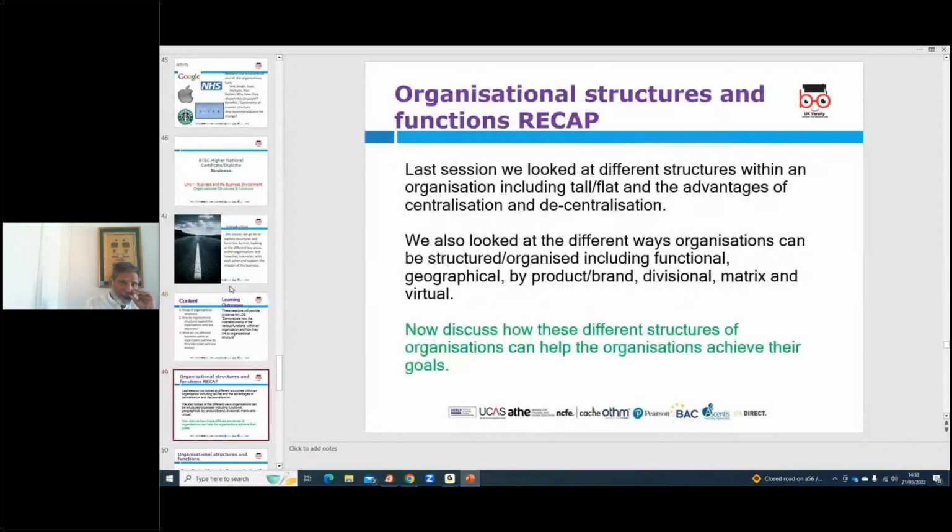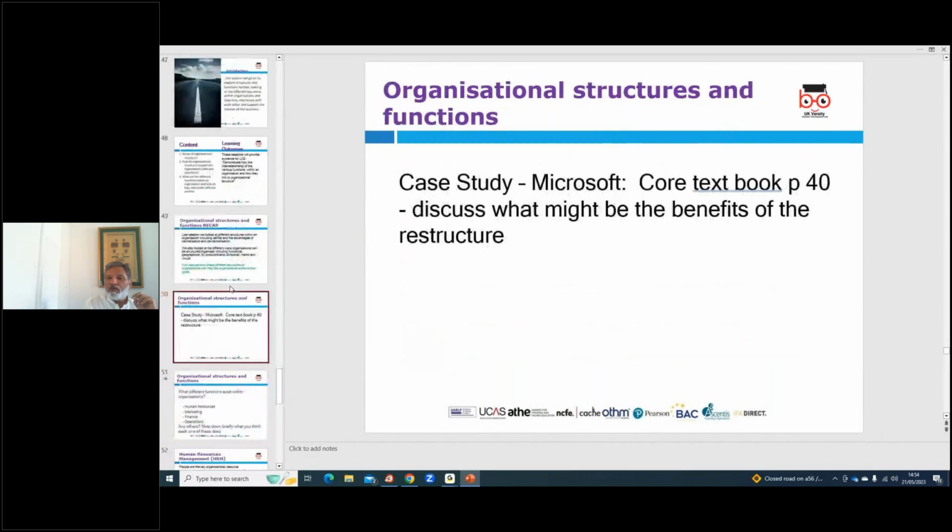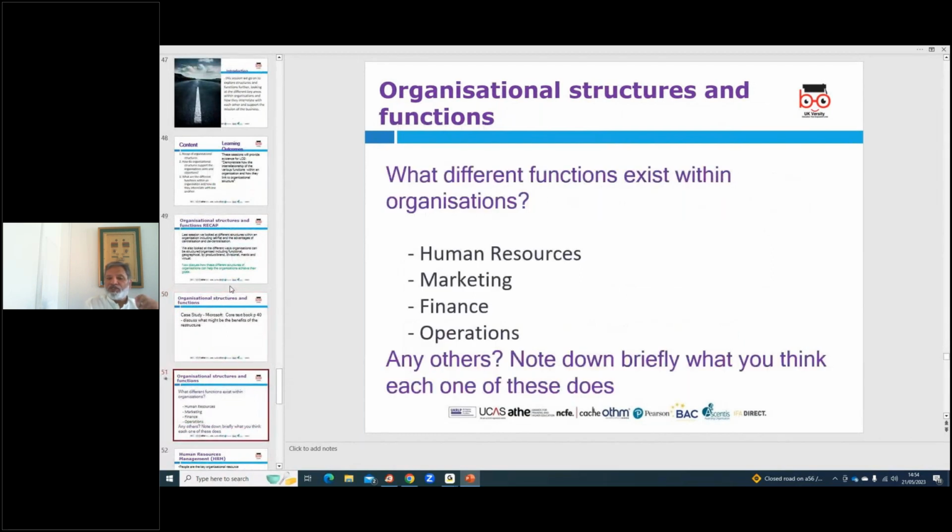So we need to look at what the relationship is between different functions, for example, the relationship of human resources with marketing, marketing with finance, and finance with operations.